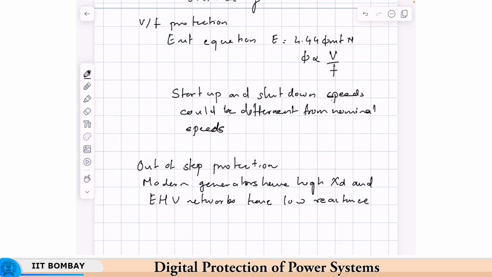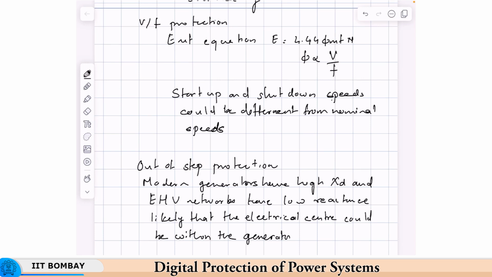So, it is likely that the electrical center, we discussed the concept of electrical center when we discussed distance relays, could be within the generator transformer.